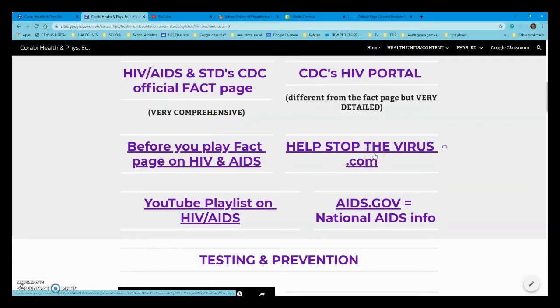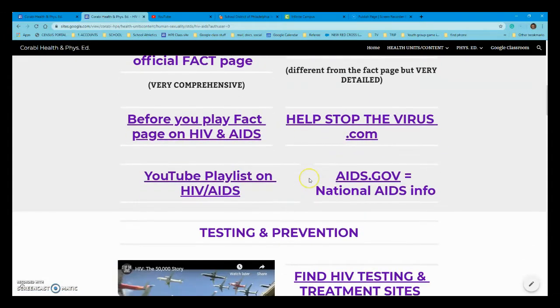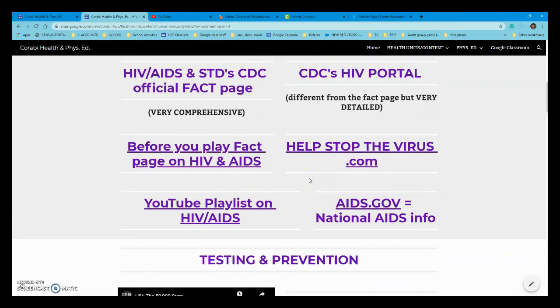This is helpstopthevirus.com. And when it says stop the virus, a lot of people think COVID-19 because that's what's happening in 2020. But they're talking specifically about HIV. There is a worldwide epidemic ongoing with HIV and AIDS since the very early 80s and possibly the late 70s.